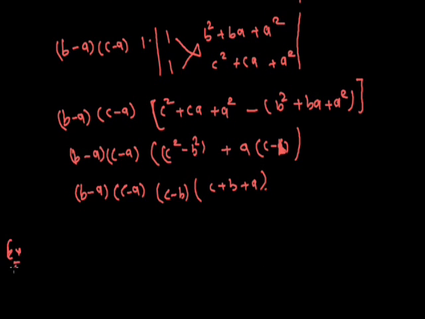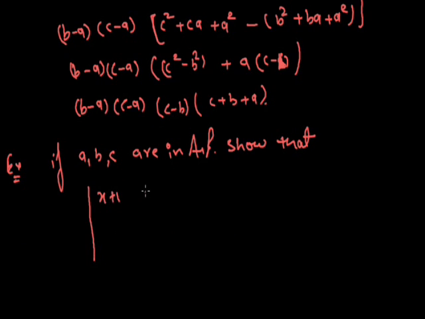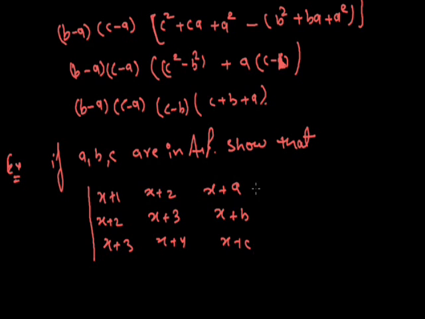Now the next example: if A, B, C are in AP, show that the determinant with rows x plus 1, x plus 2, x plus A; x plus 2, x plus 3, x plus B; x plus 3, x plus 4, x plus C is equal to 0.